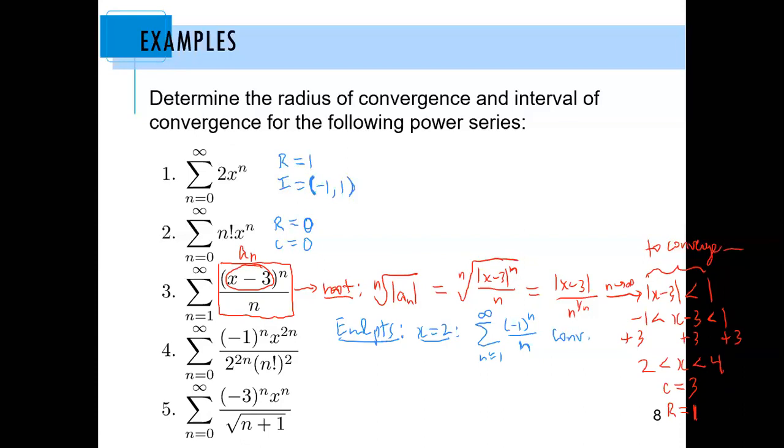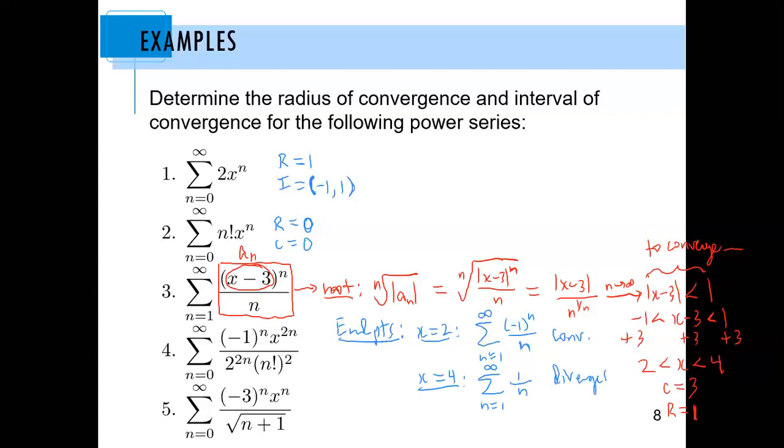Yeah, that converges. Okay, the other endpoint is x equal to what? 4. And if I plug in x equal to 4, 4 minus 3 is 1 to the n, which is 1. And I just get the sum of 1 over n, which of course we know does what? Diverges.